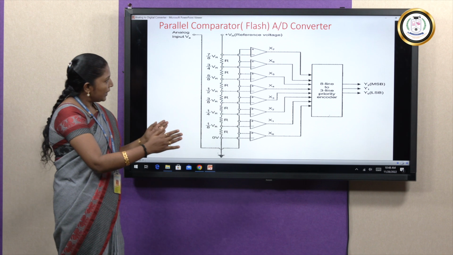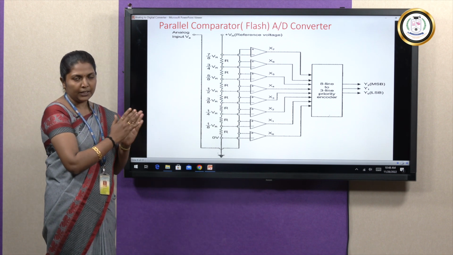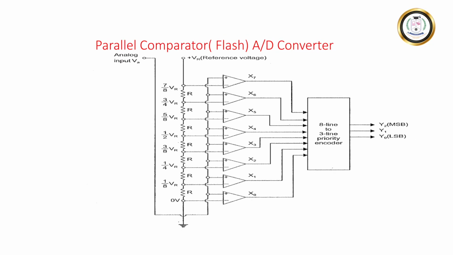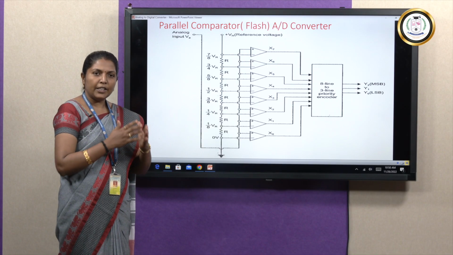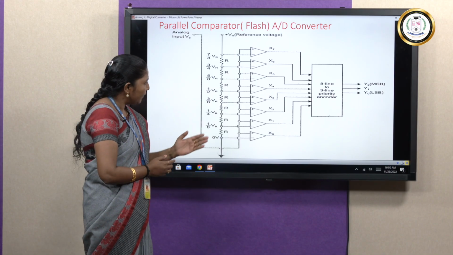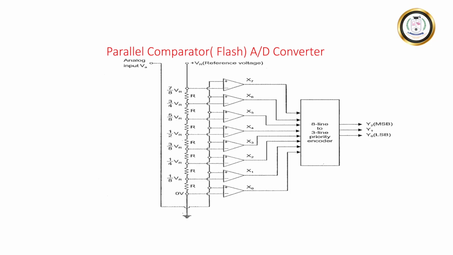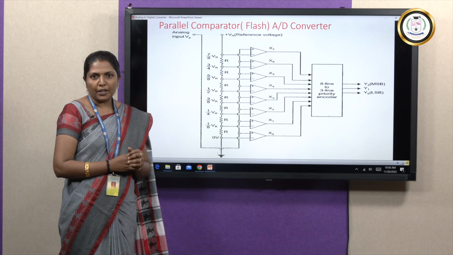This is the block diagram or the circuit diagram we can see for the flash type converter. This flash type converter is also called a parallel converter because we are able to convert the entire analog signal into a digital signal in parallel. As we have just discussed, we need 8 comparators and 7 resistors. We know the operation of a comparator.